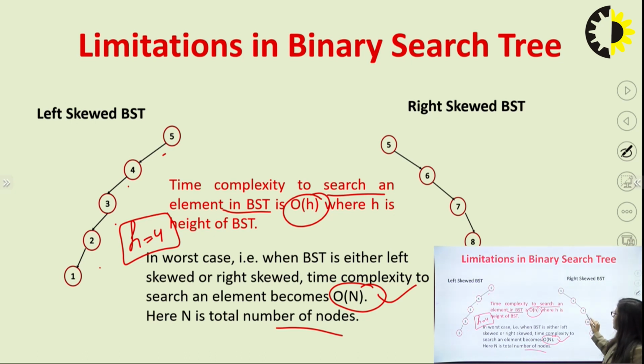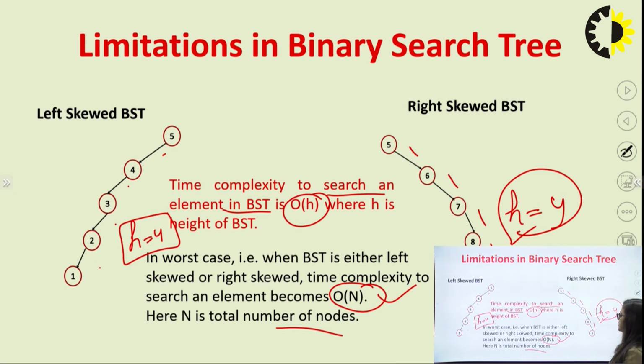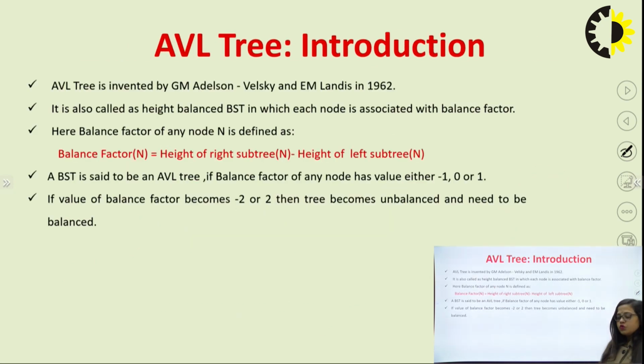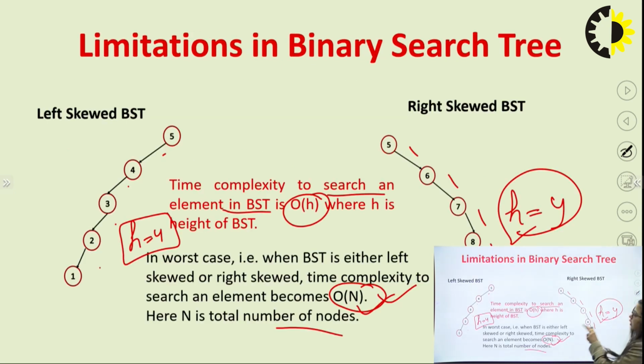Then 8 also comes to the right side of 7. So what is the height of the right direction? 1, 2, 3, 4. So the worst case complexity is order of n. This is the drawback of this BST.